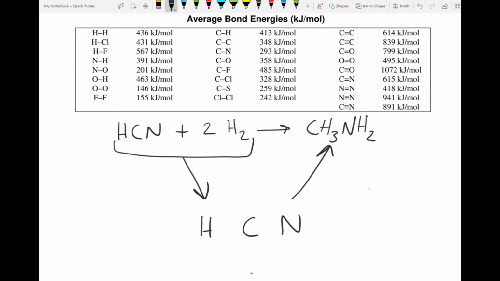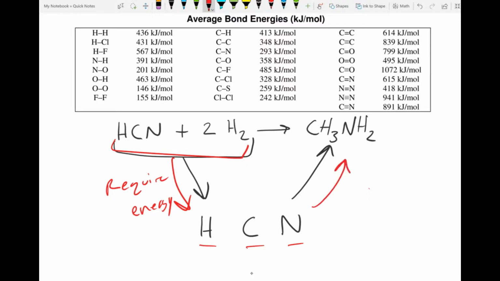When you go in this direction, if you take all your reactants and rip them apart into the respective elements, hydrogen, carbon, nitrogen, you're essentially going to be breaking the octets in the bonds that are holding the structures together, and that is going to take a lot of energy. So this is going to require energy. How much energy? Well, that energy is entirely dependent on whatever your reactants are.